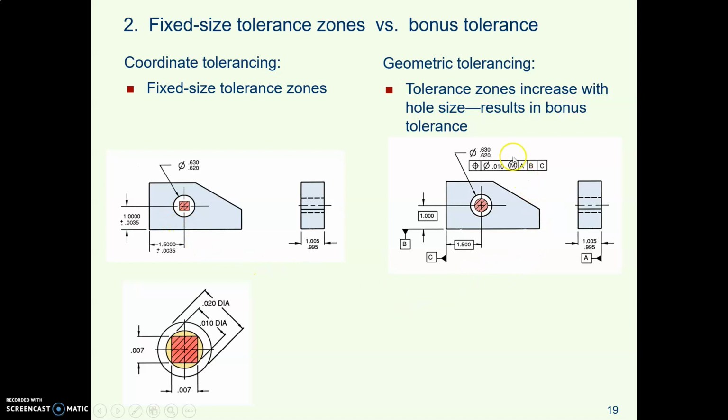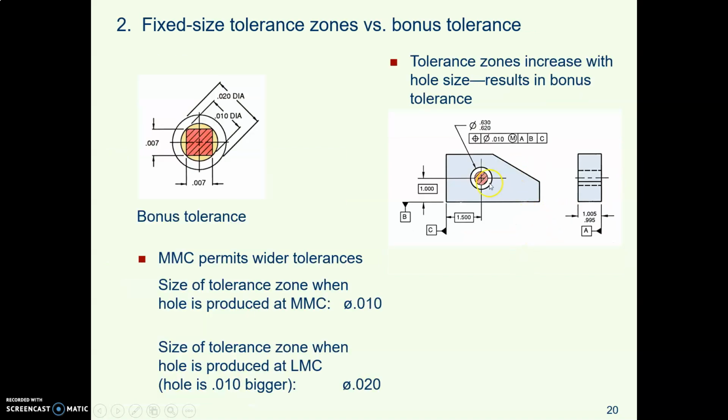With geometric tolerancing, over here on the right, this feature control frame says, locate the position of this hole within a tolerance zone that's 10 thousandths in diameter if you make the hole at maximum material condition, which means if you make the smallest hole. But if you make a hole that is within the size tolerance, but it's bigger, you get to have a bigger tolerance zone. And that makes sense.